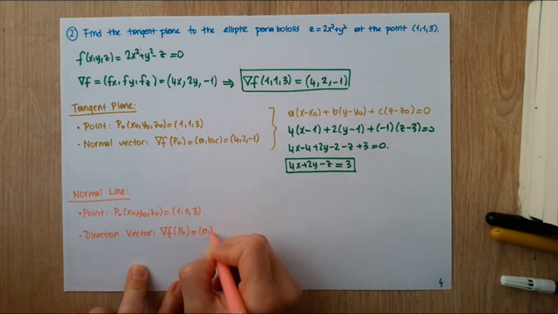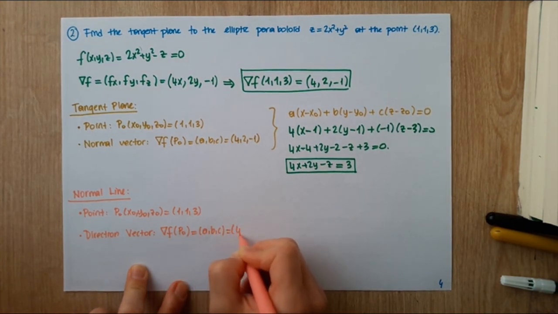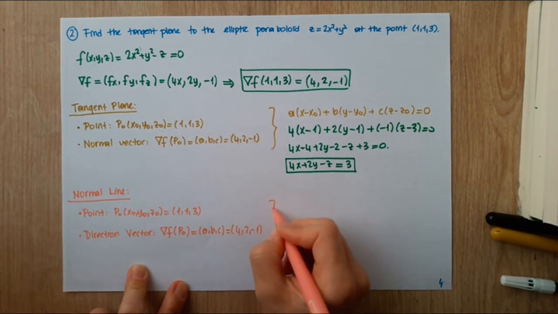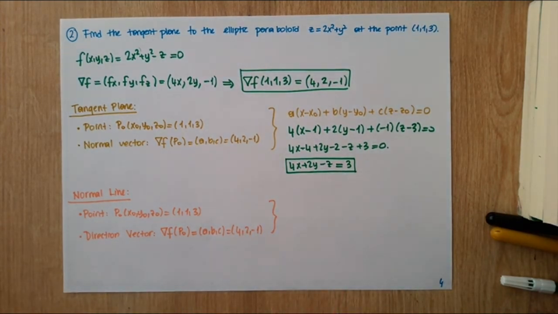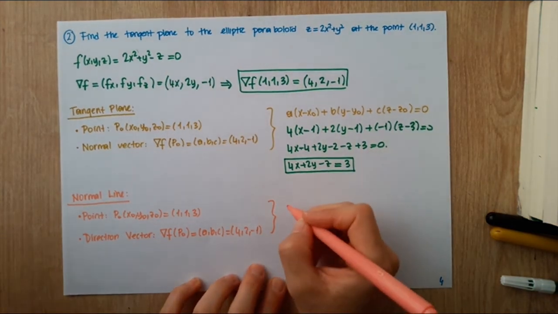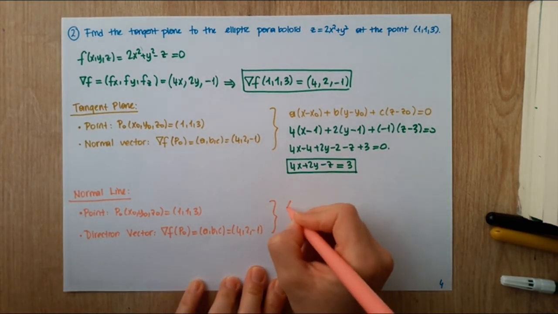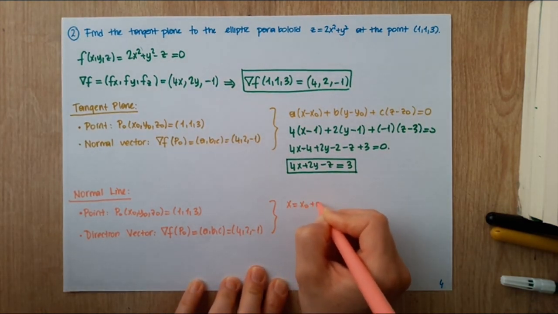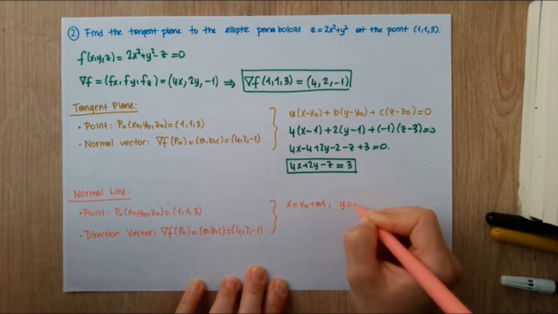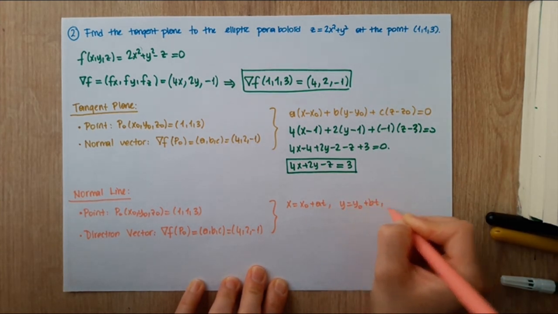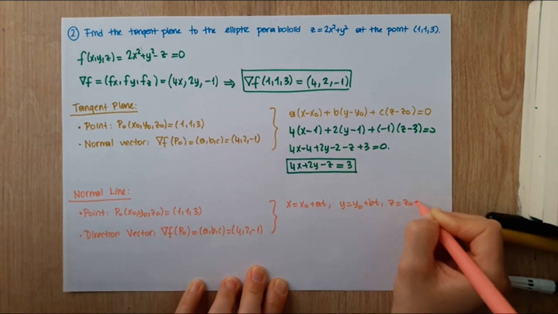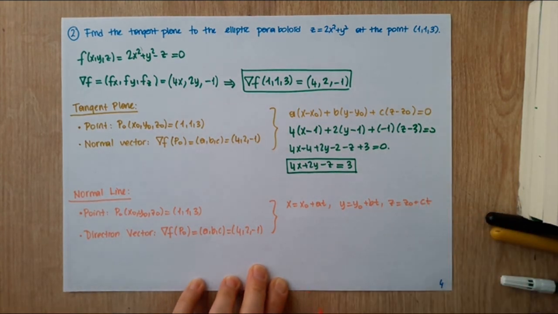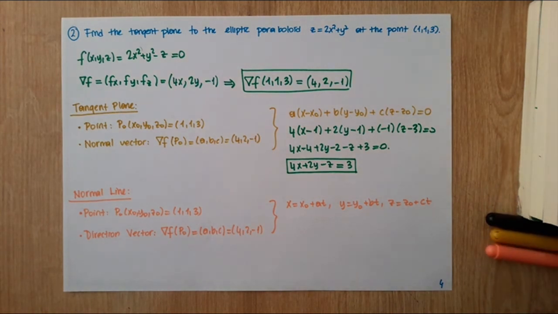This is A, B, C again, so we have 4, 2, minus 1. Using this and the definition of the parametric equation of a line, we can obtain the equation of the normal line. The parametric equation of a line is x is x0 plus at, y is y0 plus bt, and z is z0 plus ct.